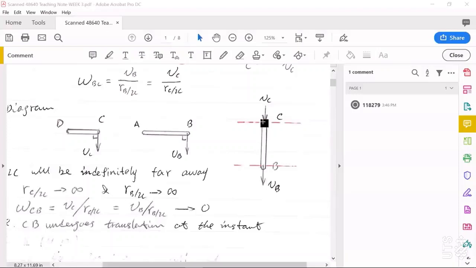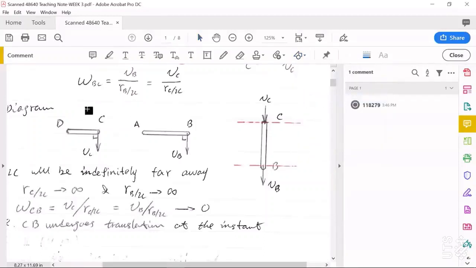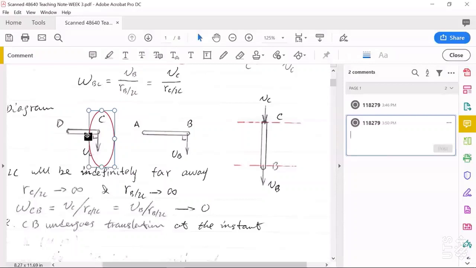C is the pin connection point between DC and CB. For DC, it's undergoing rotation about a fixed axis through point D, and its angular velocity omega DC is clockwise. So that means its velocity Vc must be vertical downward.